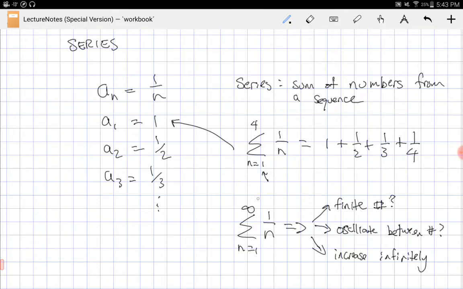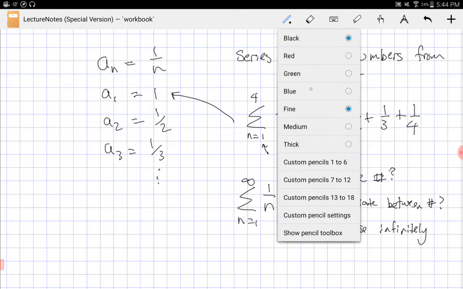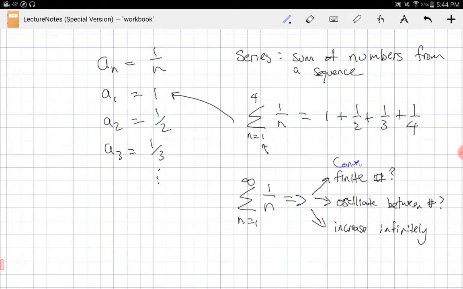This is really what we're interested in when we take the sum of a series, that is, when we take the sum of the values of a sequence going to infinity. When it sums up to a finite number, we call this convergence. And when it oscillates between numbers or increases infinitely, we call this divergence.